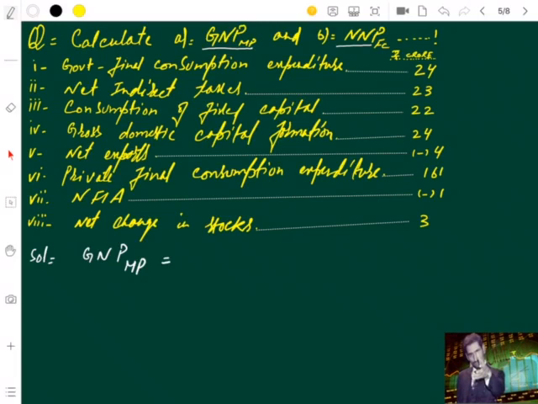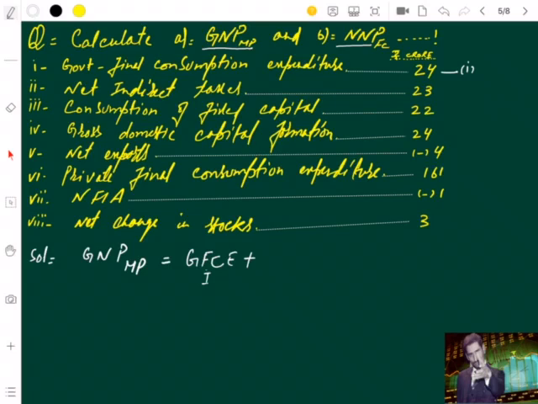Keeping that in mind, let us reach somewhere first. Where do we have to reach? Your government final consumption expenditure, yes, we will require it. I'll write it like government final consumption expenditure, plus, this is your first part.